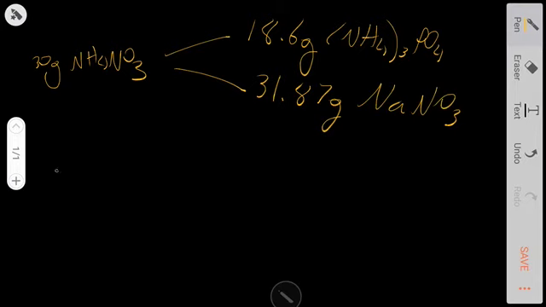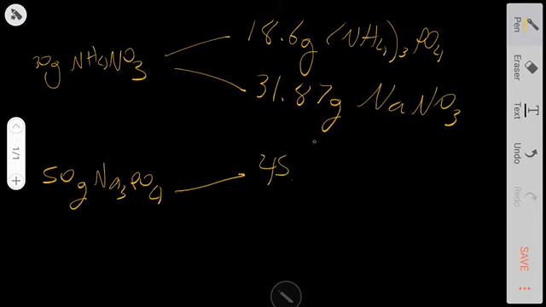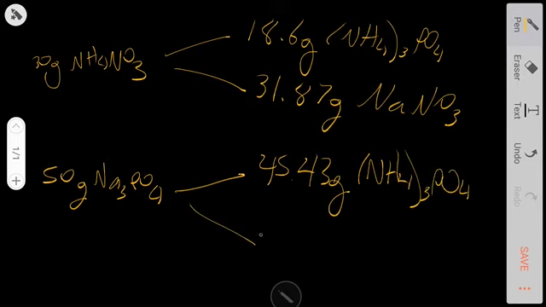NaNO3. And with 50 grams of sodium phosphate, I can make 45.43 grams of ammonium phosphate and 77.7 grams of sodium nitrate.